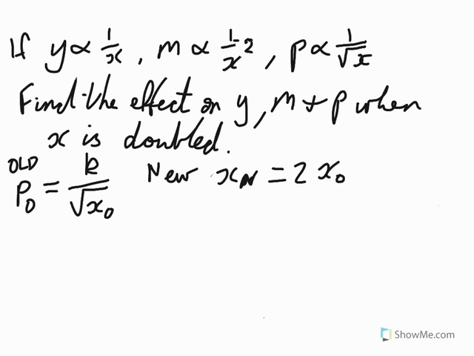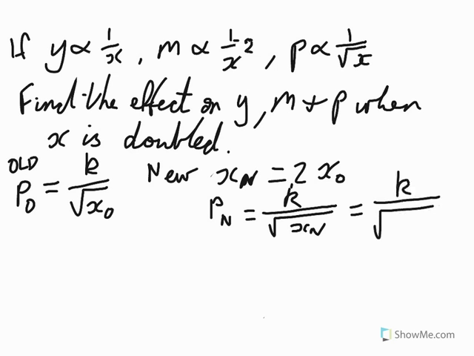So following the same sort of procedure, the new p is equal to k over the square root of the new x, and the new x is related to the old x by twice the old one.